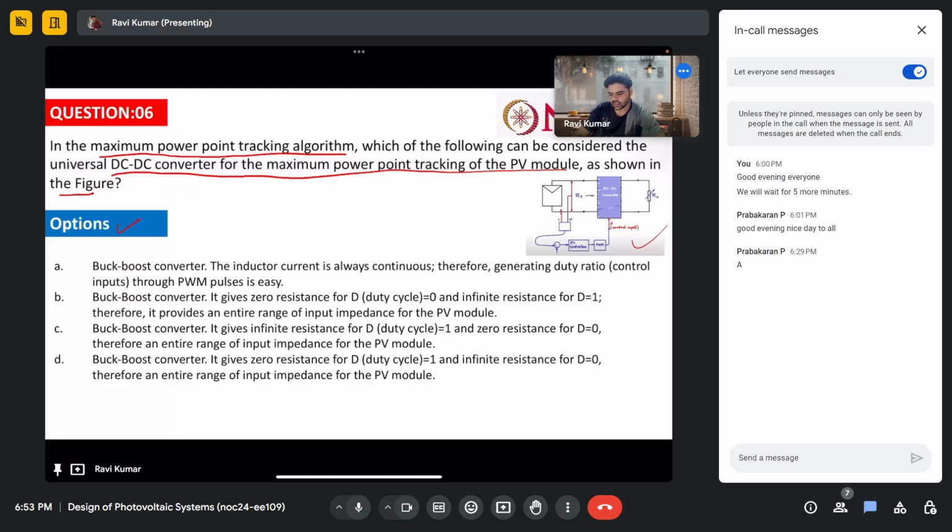Universal means it can be used in any condition, not depending on the load resistance R naught.